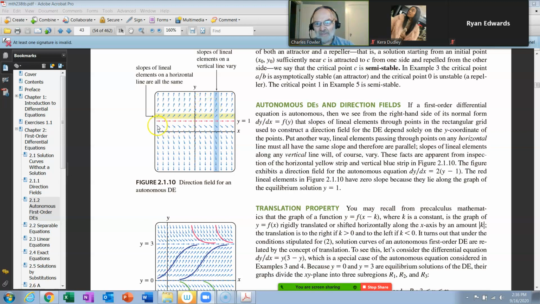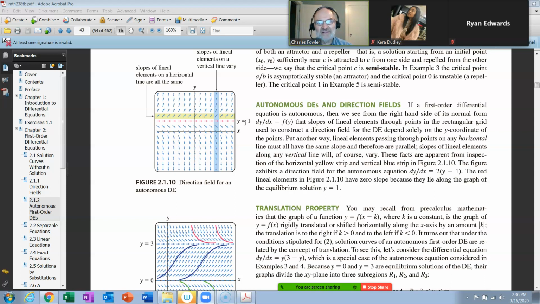This is one where y equal to 1 is your critical value. Now remember, critical value here is somewhat similar to what it was in Cal 1 when we were finding critical values of functions, but those were with regard to x: what x value made the function equal 0.